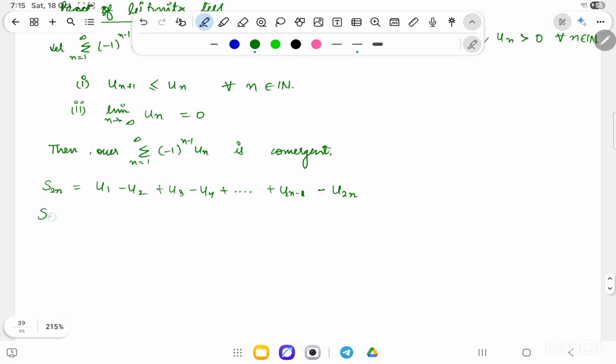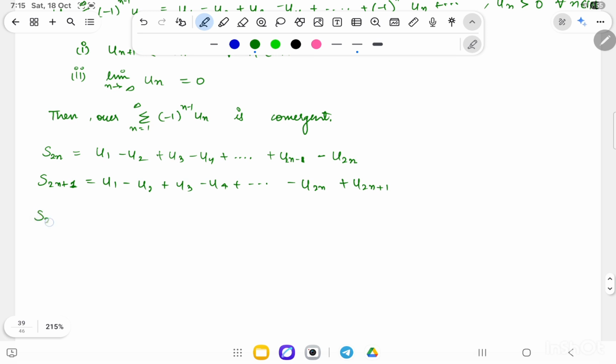Likewise, s(2n+1) will be u1 minus u2 plus u3 minus u4 up till minus u2n plus u(2n+1).